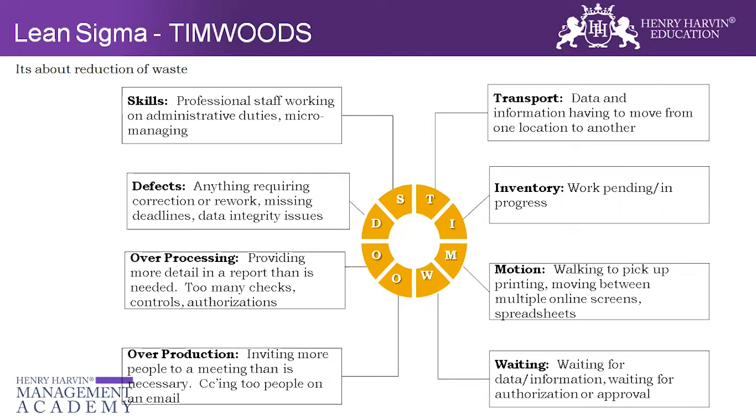Then we have waiting for information. So for example, there are 3 different departments and there is one department working on a certain transaction and another 2 or 3 departments cannot proceed. For example, there are certain approvals which are required, and until those approvals are concluded, we will not be able to proceed further. So that's a waiting sort of waste.